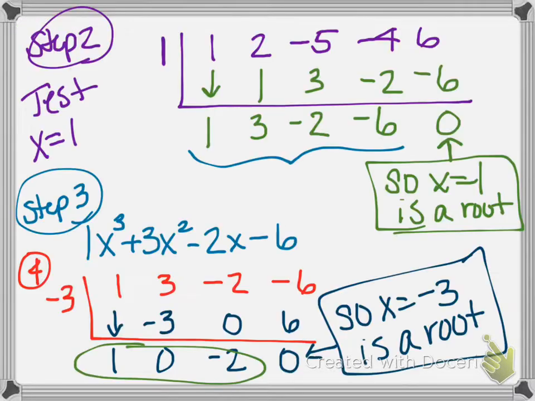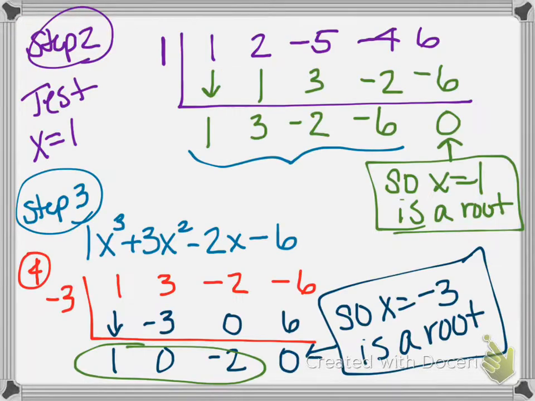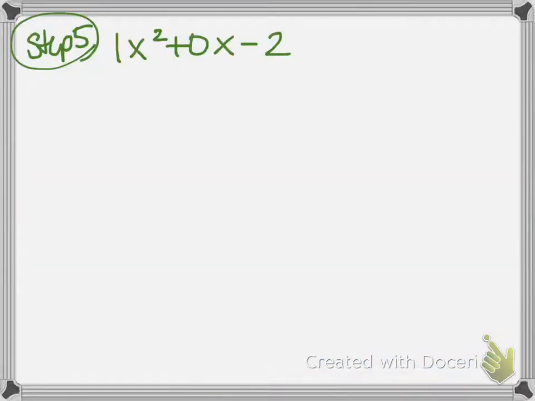So step 5, I'm going to take that equation. So 1x squared, 0x, and -2. Okay, notice I just left in the 0x. I got it from here. Okay, so 1, there's the x squared, here's the x term, and the constant term. Okay, so quadratic formula says a equals 1, b equals 0, c equals -2.